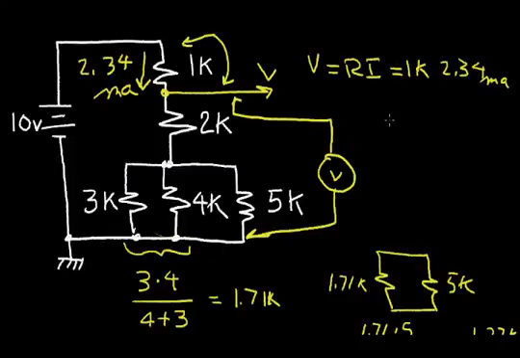So it comes out 2.34 volts across a 1K. To get the voltage V, we need to subtract the voltage across the 1K from the voltage at the top, which is 10 volts. So the answer comes out 7.66 volts.